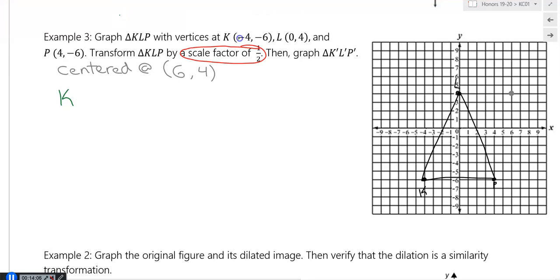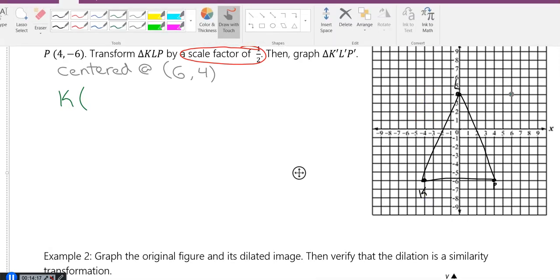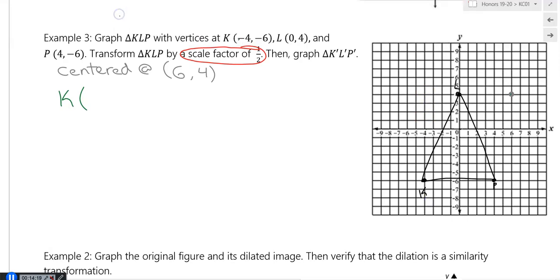Okay, so for K, right, K is at -4, -6, so I'm not looking at the point. Right? If I go here, I have to go 10 left and then 10 down. Right? So I'm going left 10 and down 10. Then I'm going to multiply that by 1/2.